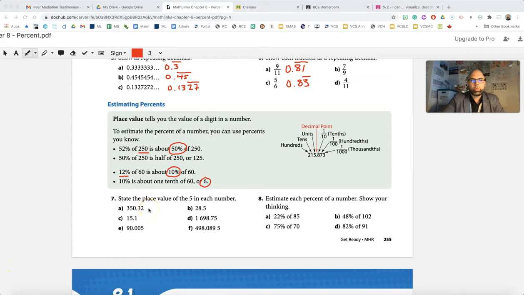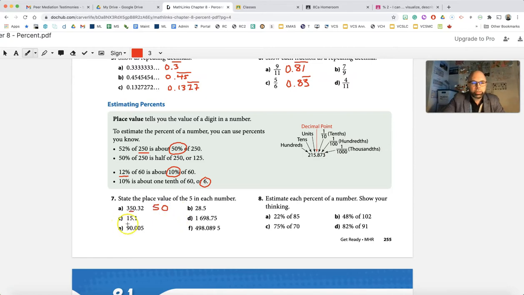So what they want you to do here when we talk about the place value of the 5 is write out not just the tens place, they want you to write out 5 times 10. So for example, 5 in this case is in the tens place, as I said. So that 5 tens would equal 50, right?